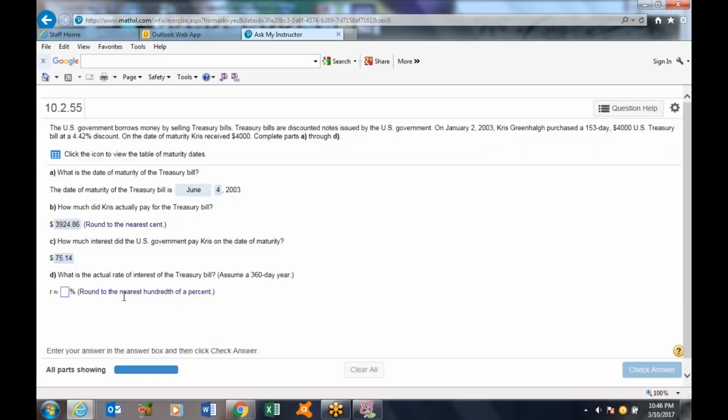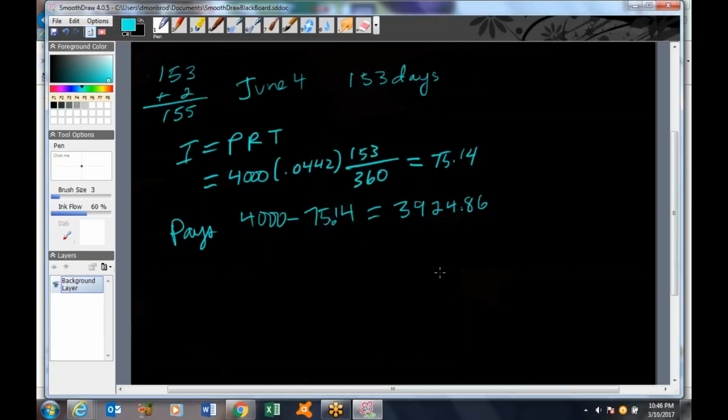All right, what's the actual rate of interest? Well, for here, what we do is we have to remember, I'm going to use this formula again, I equals PRT.